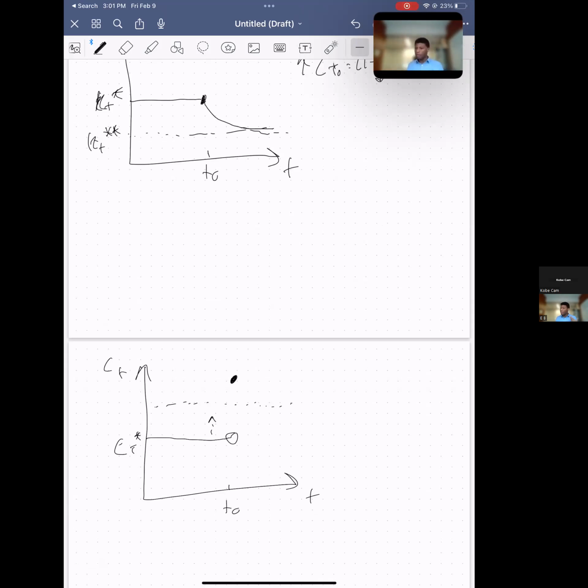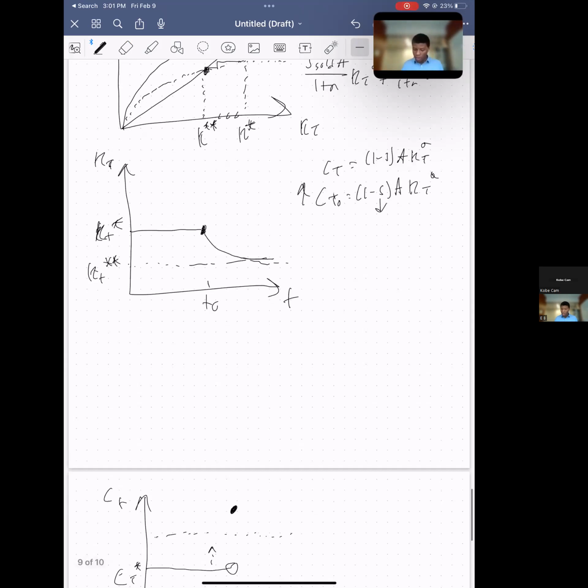Okay, that's a good question. And this is where we have to think about what happens over time. So looking at our equation here, we see that after that little initial pop, these variables don't change anymore, right? Our 1 minus S and A do not change anymore. And so the only thing that changes after that is our KT. And so after T0, KT goes down, right?